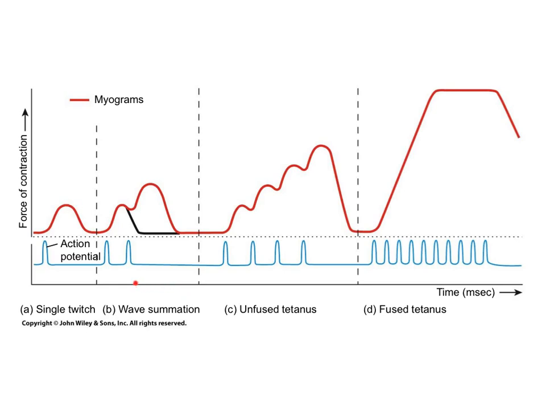We can then move to wave summation. Wave summation is when the stimuli arrive in closer sequence, causing larger contractions. So what happens here, down here you can see there's an action potential and then there's another action potential. So it's receiving the signal from the neuron quite in close proximity with one another. So what's going to happen is the muscle is going to contract and then it's going to contract again.